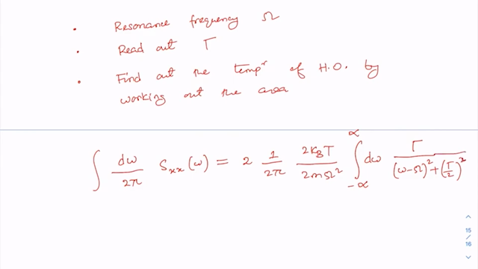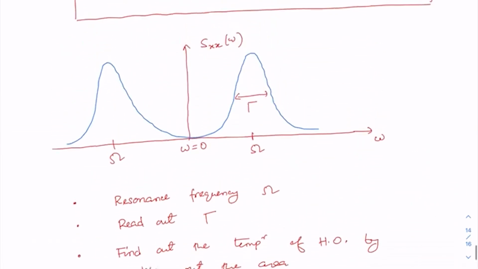If you do the calculations, and it's very straightforward, please do that, you will get twice kBT divided by m capital Omega squared, and this is nothing but the variance. So that's how you'll be able to find out the temperature also, just by finding out the area.